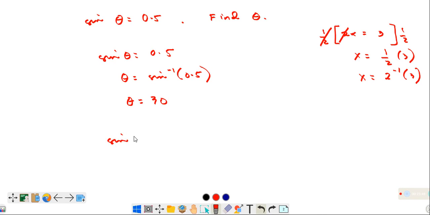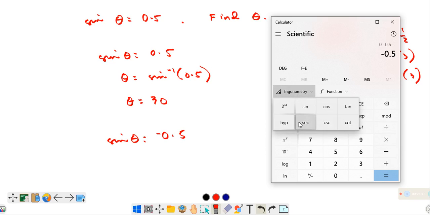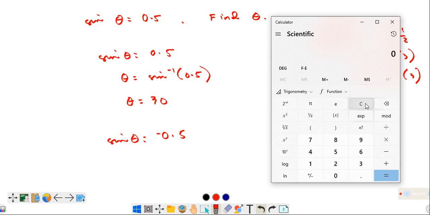Ganon din if you are given with, halimbawa, 0.5 ay negative siya. So, ano kaya yung theta nito? We expect it to be negative 30. Let's check if it is true. Ay, teka. Sorry, hindi ako sanay sa built-in calculator ng laptop.